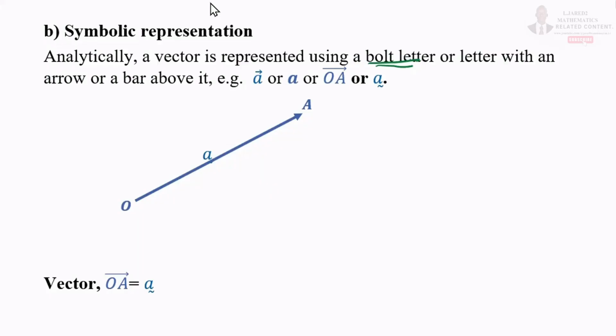So here vectors are symbolically represented using a letter which can be bold or a letter with a tilde. If we have a vector which is graphically represented by this line OA, then the symbolic representation of this vector is simply the A with the tilde. That's why we are saying that vector OA equals this.